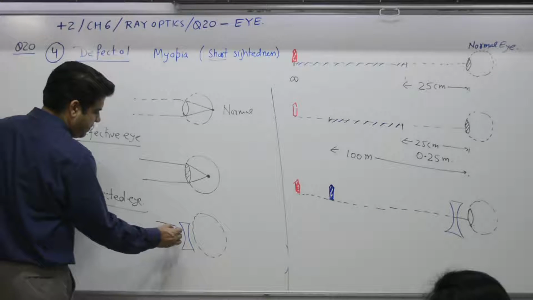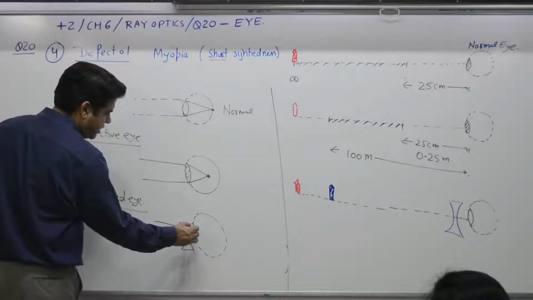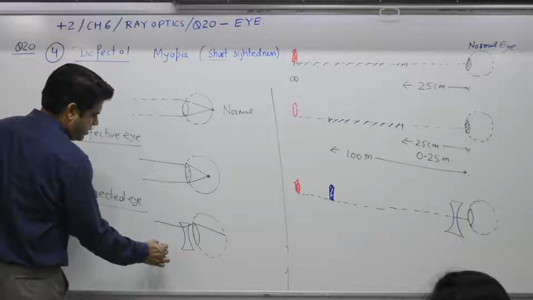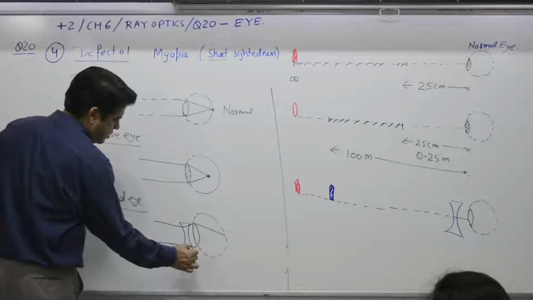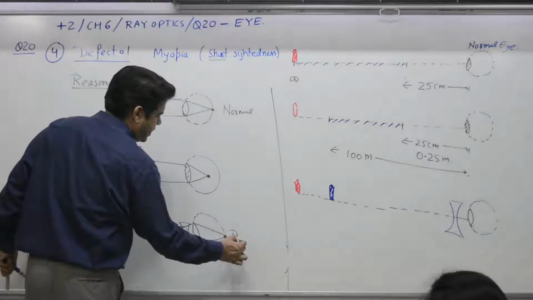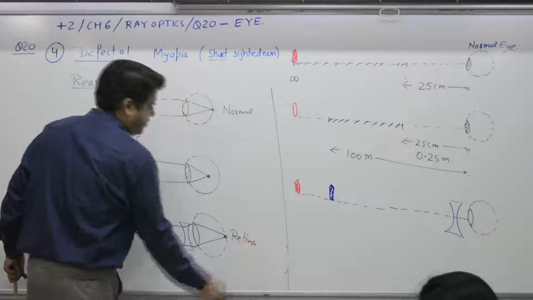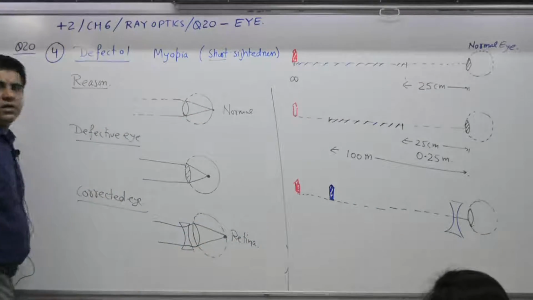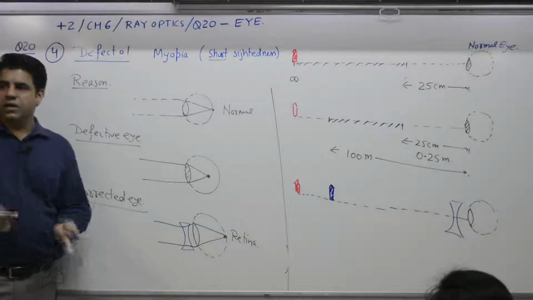Rays coming from infinity first diverge, then again after passing through the lens converge and they move to retina. And the image formation is at same point after you place this lens.